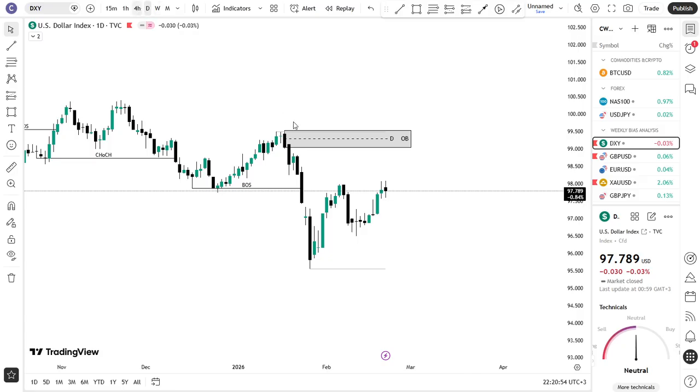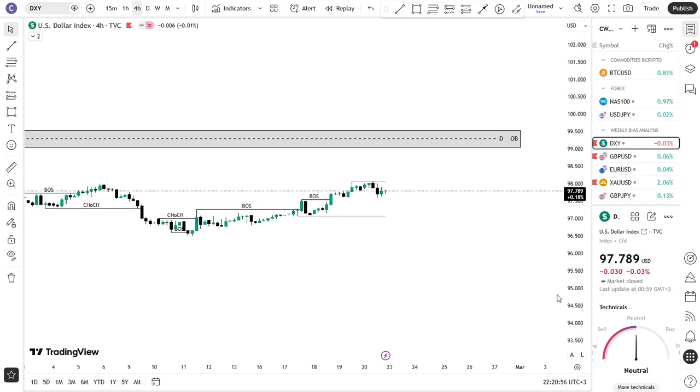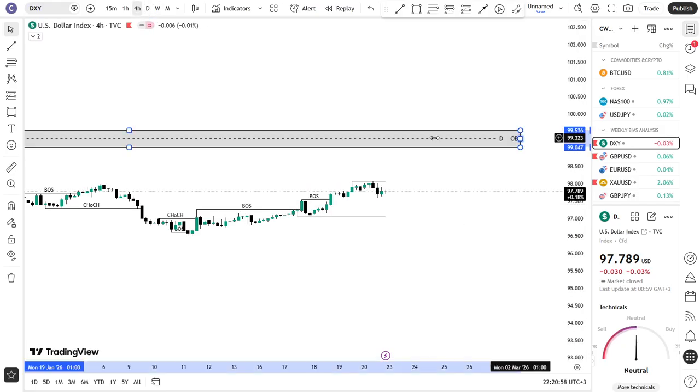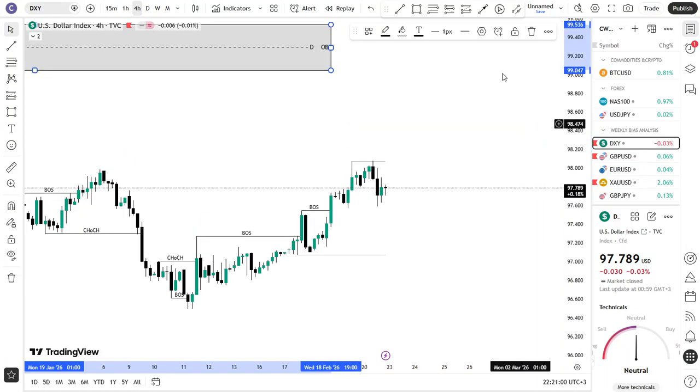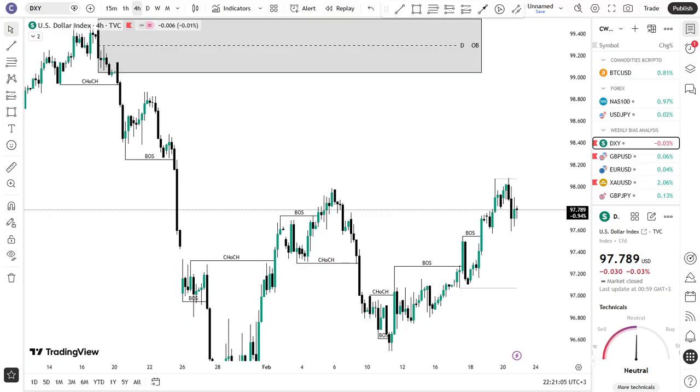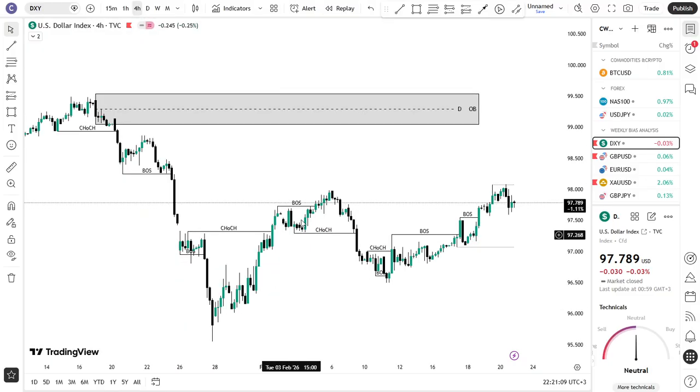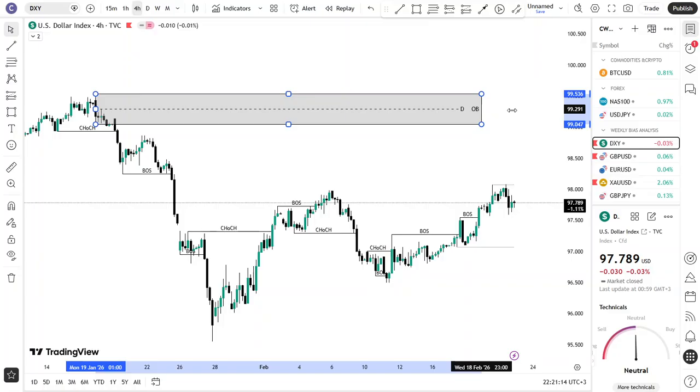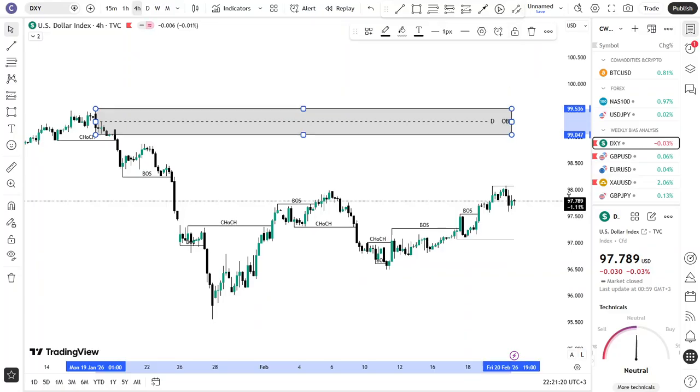When we go to the 4 hour, we can see we are on a bullish bias because we are creating higher highs, higher lows. For next week I'm anticipating price to come here so that we can push price to the downside.